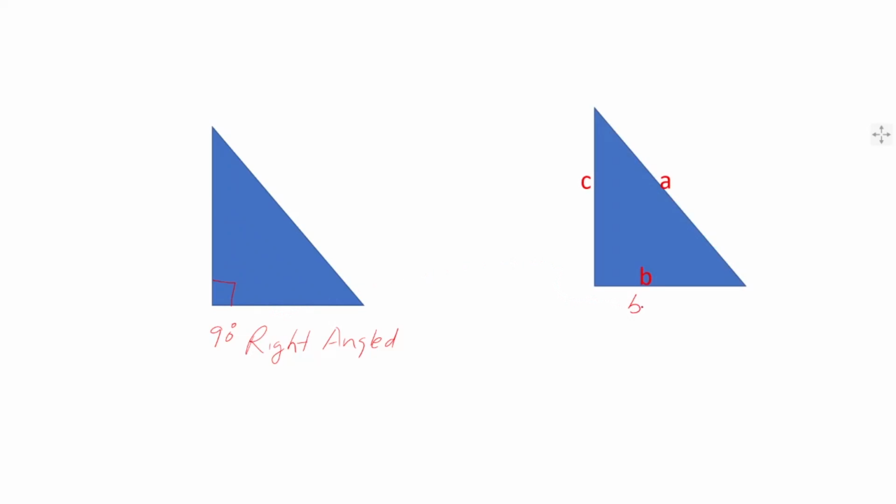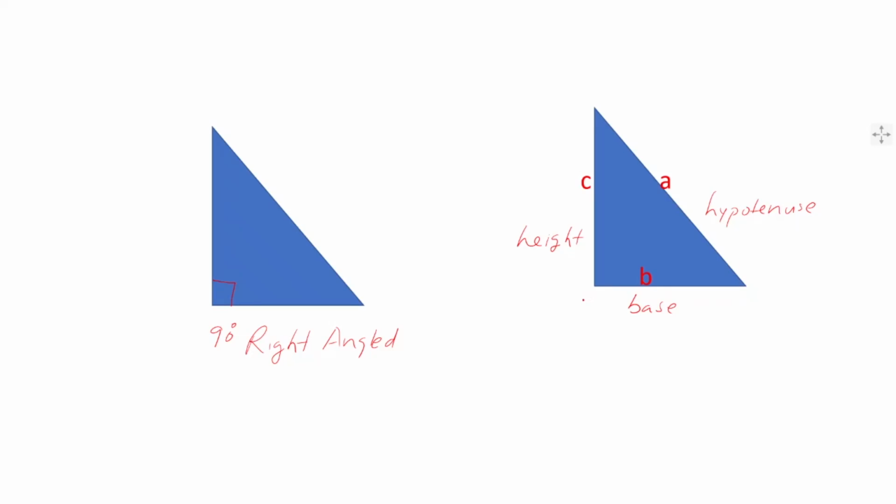Any such triangle which is having one angle equal to 90 degrees is a right angled triangle. Normally we classify its sides as base, height, and hypotenuse.